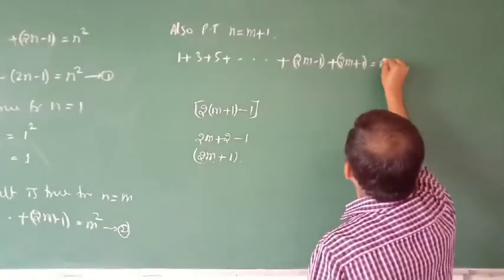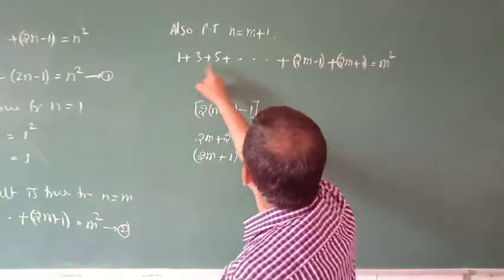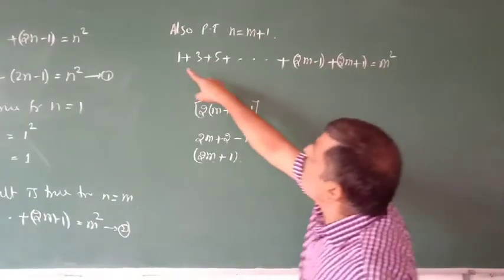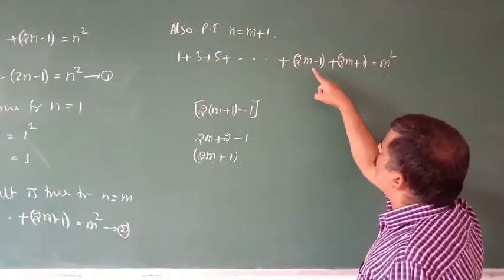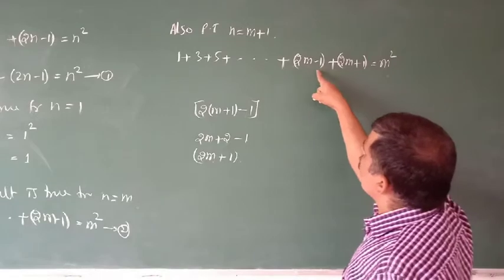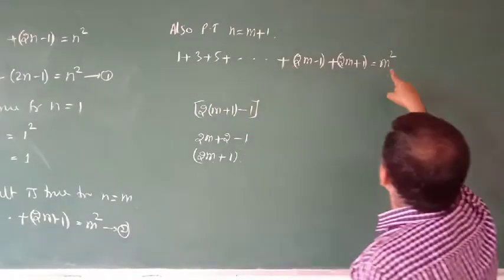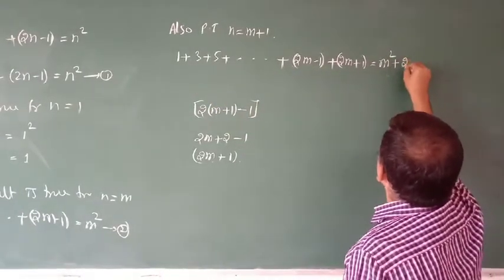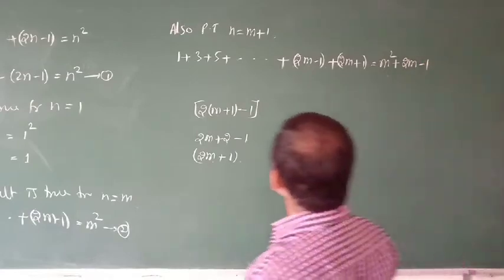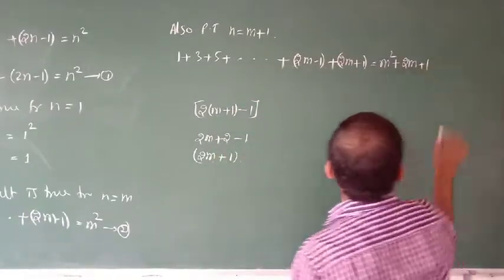The sum up to 2m minus 1 is equal to m square. So the sum is m square plus 2m plus 1.